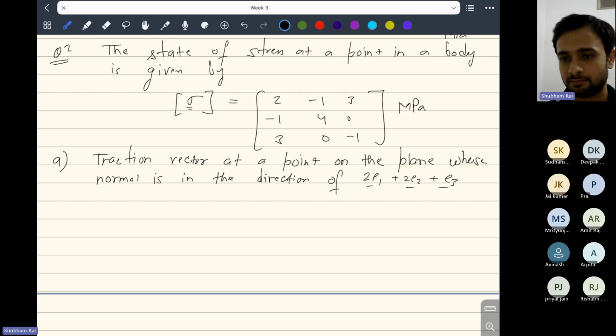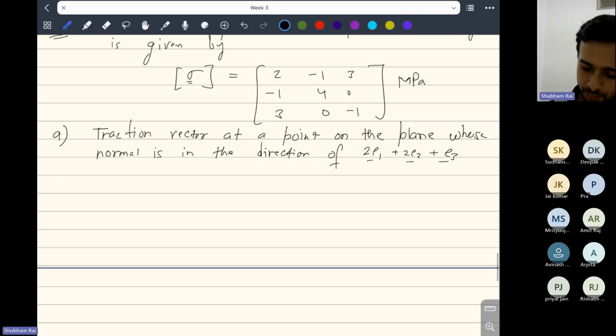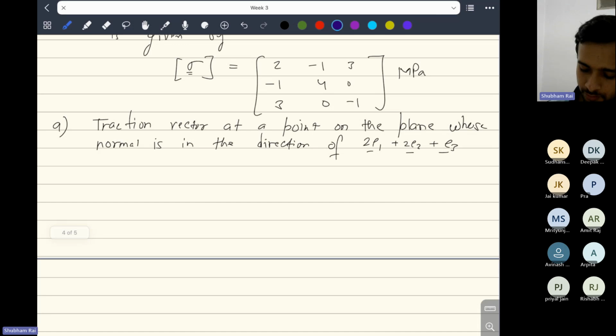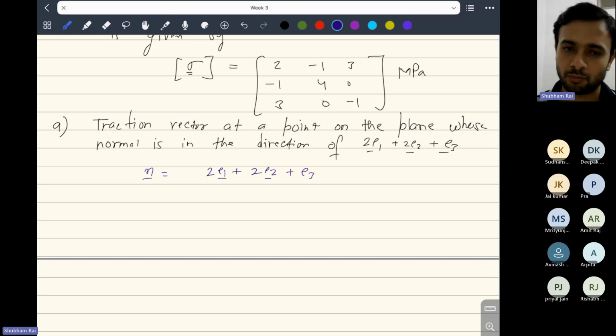So firstly, we'll have to make this normal vector unity, because we need unit normal vector to find out the traction. So what you can do for solution purpose is make this unity. So your unit normal vector will be given by 2e1 plus 2e2 plus e3 divided by the square root of 2 square plus 2 square plus 1 square.